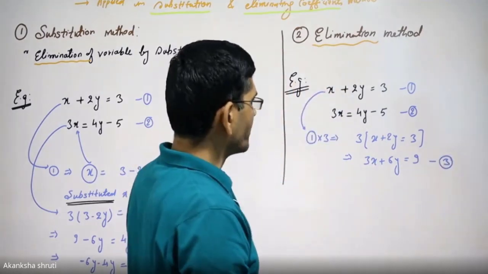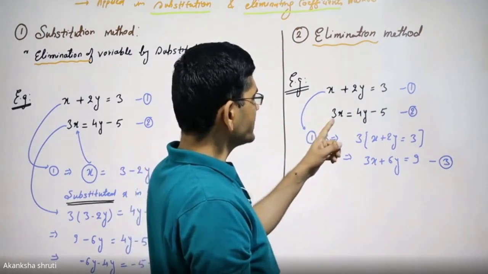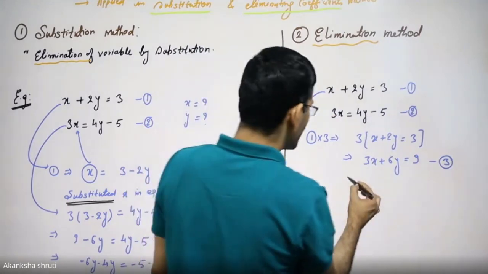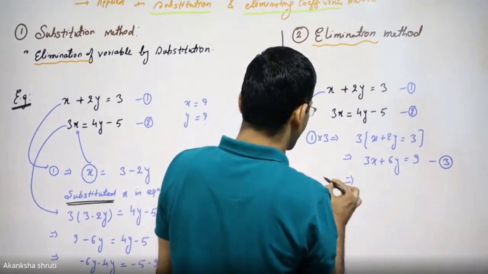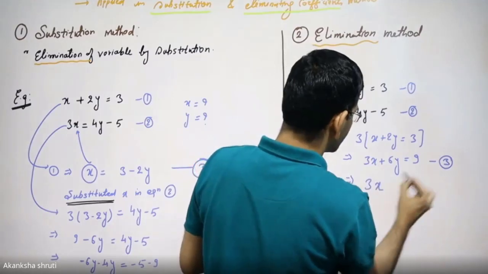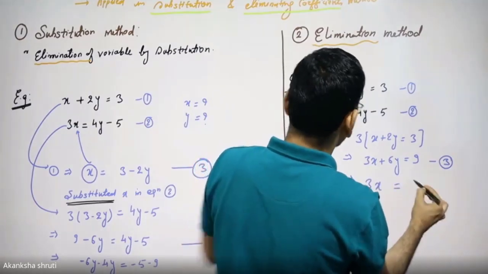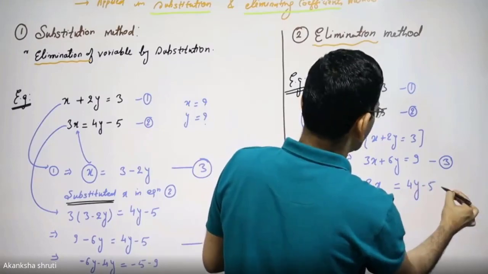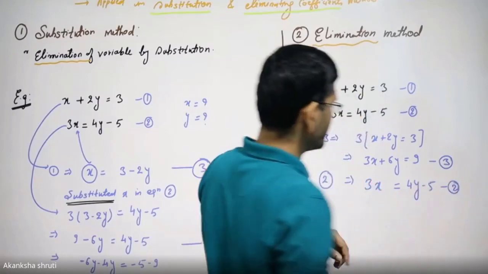Now observe, you need to compare this with equation 2. Our equation 2 already contains 3x is equal to 4y minus 5. This is our equation number 2.